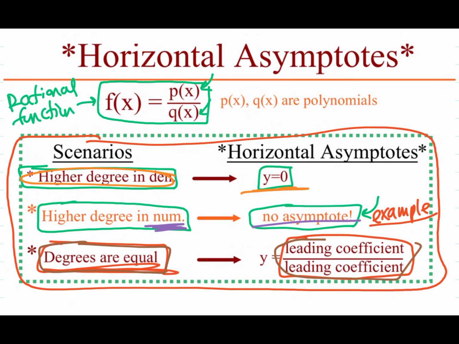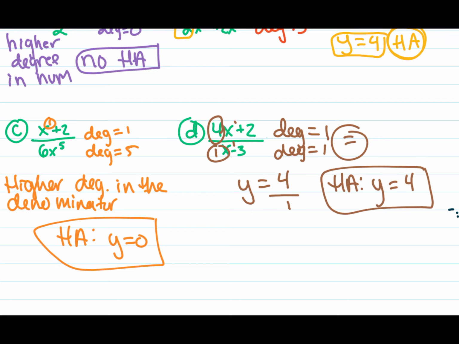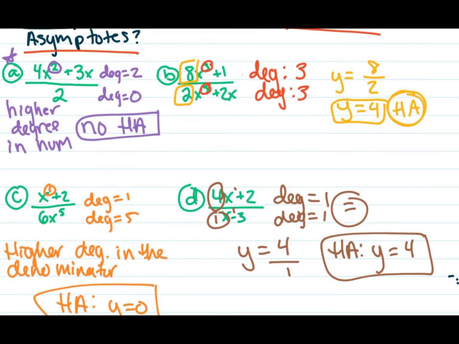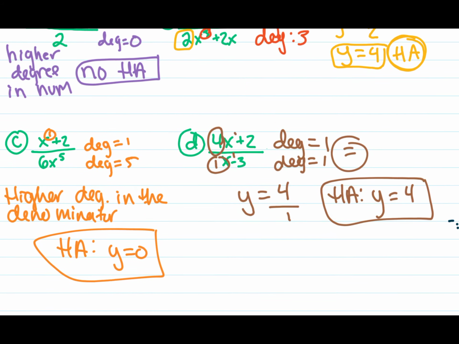So what's this leading coefficient? 4. What's this leading coefficient? 1. So my horizontal asymptote is at y equals 4. It's a coincidence that B and D have the same horizontal asymptote. It doesn't always end up being 4. It's just how it worked out.